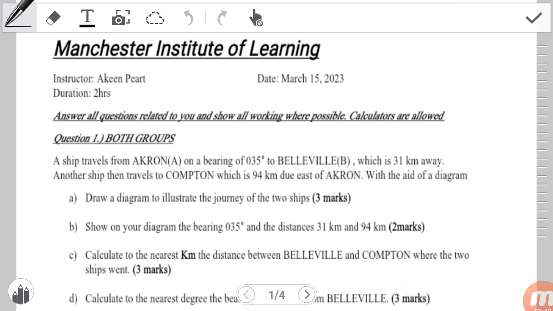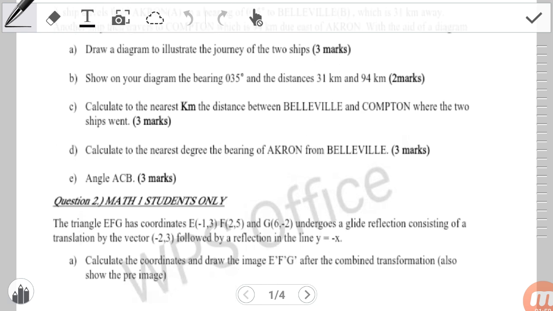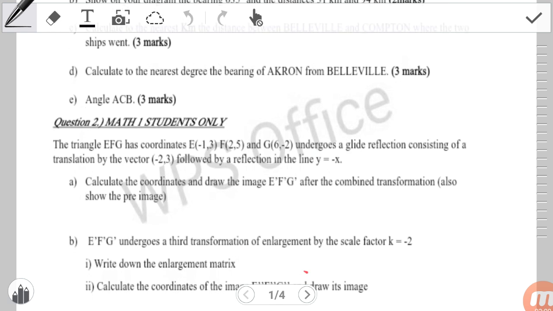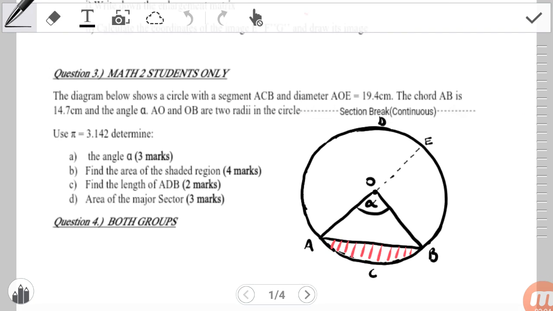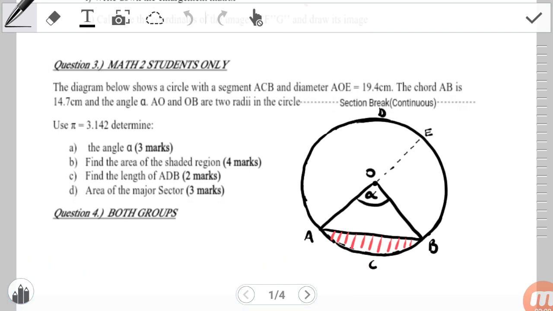So we're looking at a 2-hour paper, and the contents of this particular paper are related to bearings application. A link will be provided in the description box below to a video that explains everything about bearings. We are also doing some transformation and some measurement.